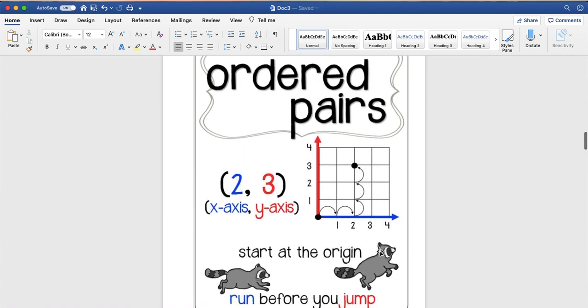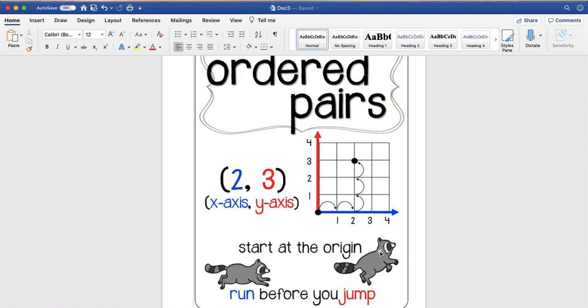Now we are going to move on to another part of the coordinate plane, something called ordered pairs. Ordered pairs are points that are plotted or graphed on this coordinate plane.